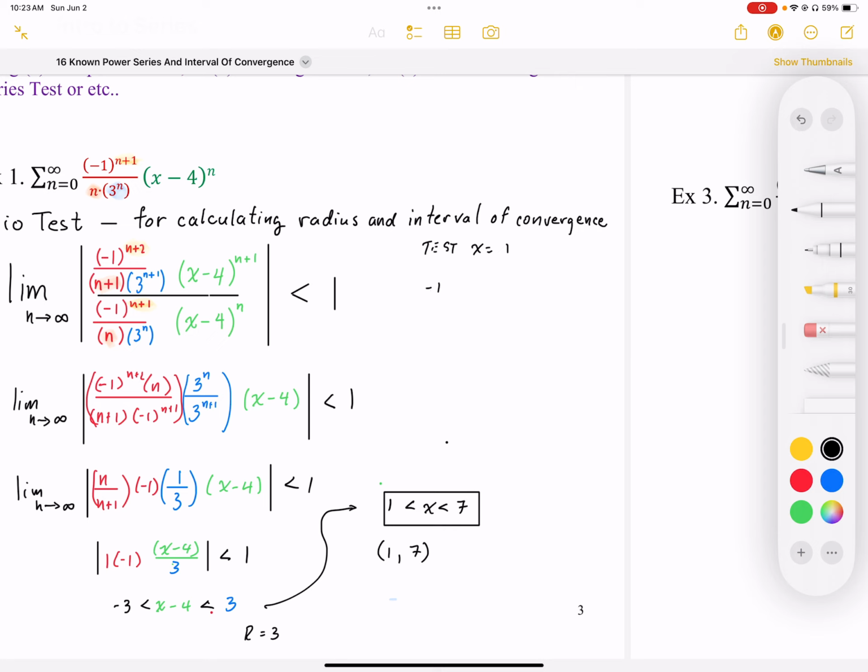So we're going to end up with negative 1 to the n plus 1 over n times 3 to the n. And when we plug 1 in, we're going to end up with negative 3 to the power n. And we want to know if this series is convergent.